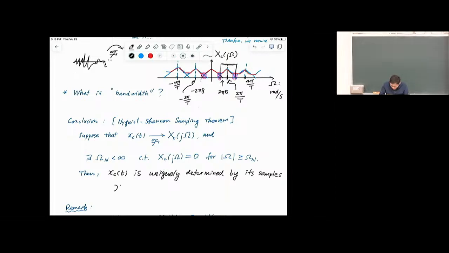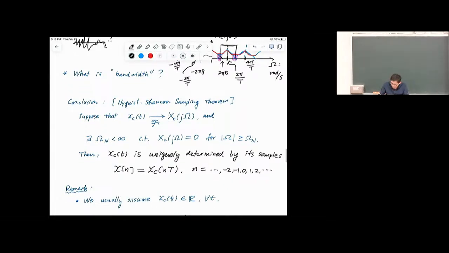And the samples, again, let's repeat this definition: samples means x[n] equals measuring xc at n times T, where n is taken at all integers, minus 2, minus 1, 0, 1, 2.